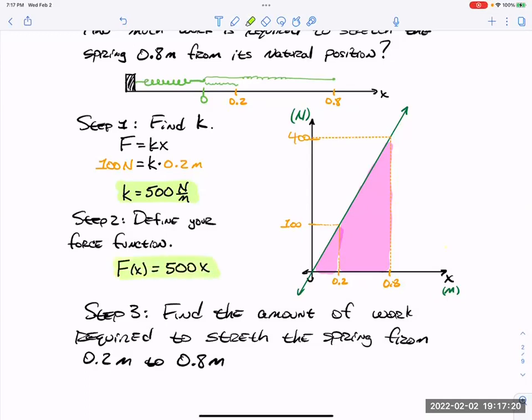Because we know, remember, F equals kx, and we found k to be 500. And these newtons here would actually be joules in this case, okay? So let me get rid of that there. Okay, that's the joules at the end to make sure we put the units in.